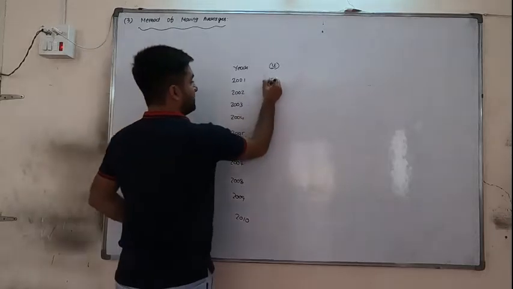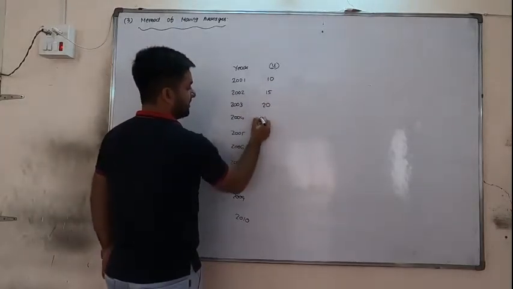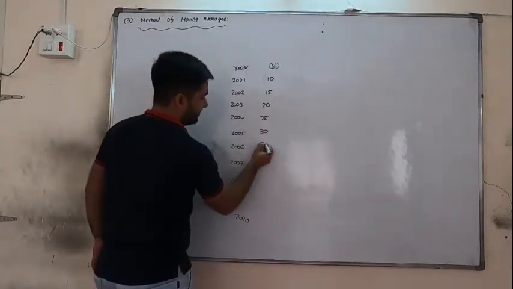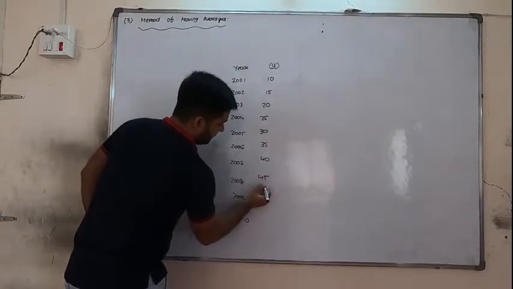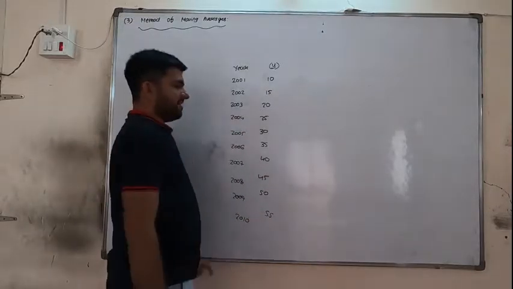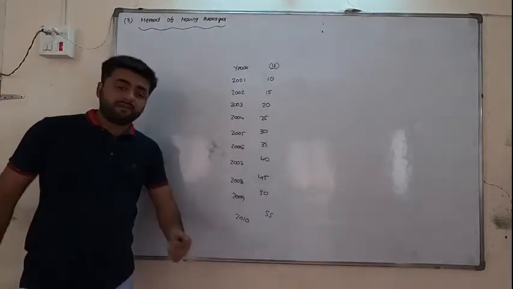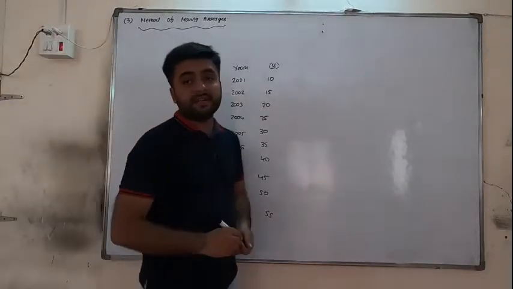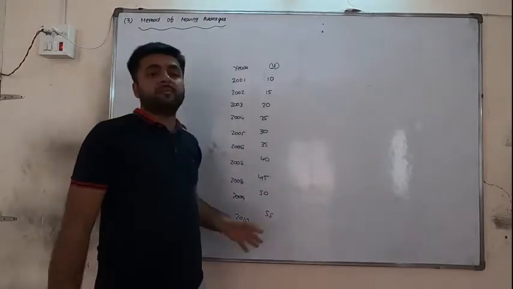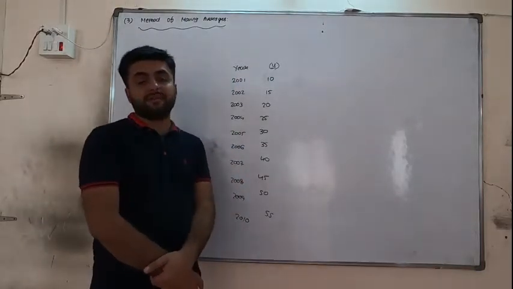Suppose we have values 10, 15, 20, 25, 30, 35, 40, 45, 50, 55. I have written these values for our easiness. Now we have to find the trend through a linear equation, so we would need the column of t, but here actually t is not required.